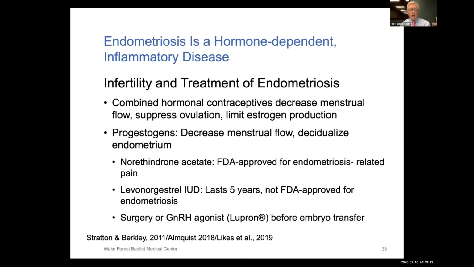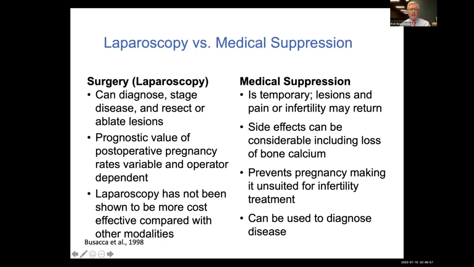So treatment in humans has centered around things like norethindrone acetate and levonorgestrel IUD for people with pain, but for endometriosis, surgery or Lupron suppression. And one of the recent studies, well, the advantages of surgery we've already talked about and I think is well established. It confirms the diagnosis and it may give a more permanent solution, whereas medical suppression is somewhat temporary.